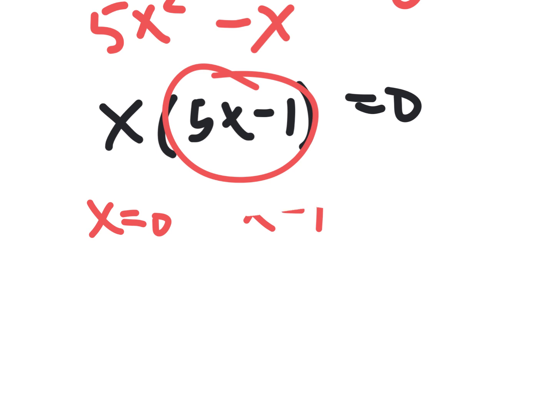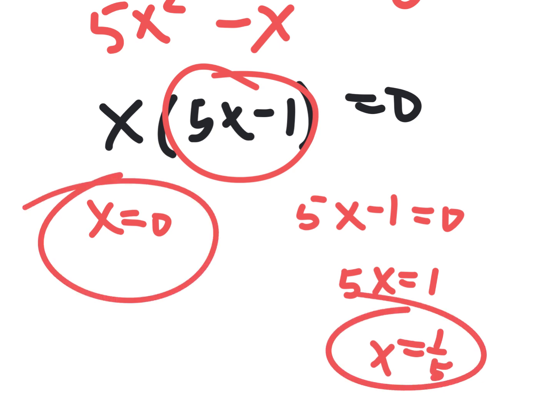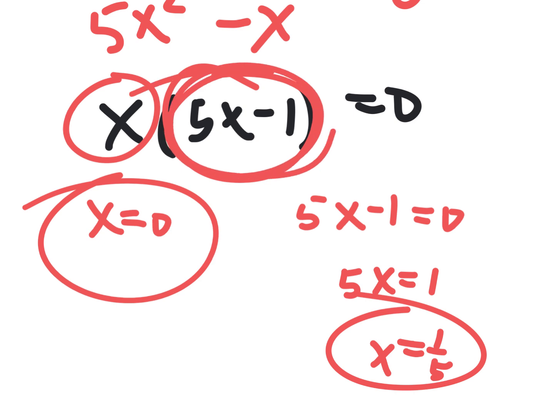Well, how do you do that kind then? You go 5x minus 1 needs to equal 0 to find my other answer. Add 1, you got 5x equals 1, x equals 1/5. There's my two answers. Don't let the one on the outside freak you out. It's just what makes that part 0? 0. What makes this part 0? 1/5 does. Those are my two answers.